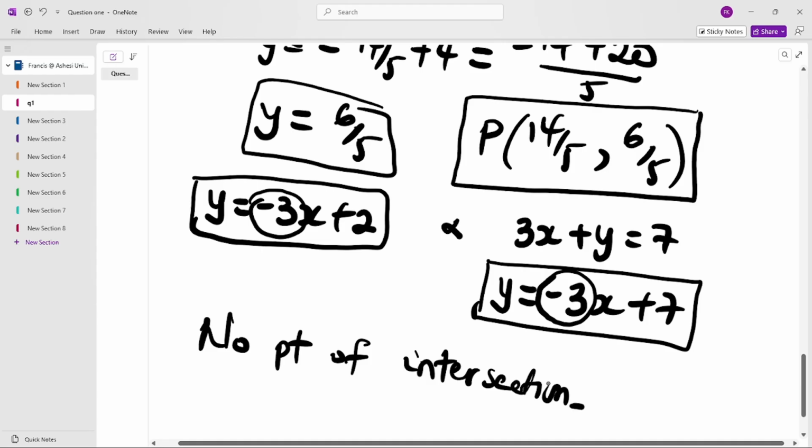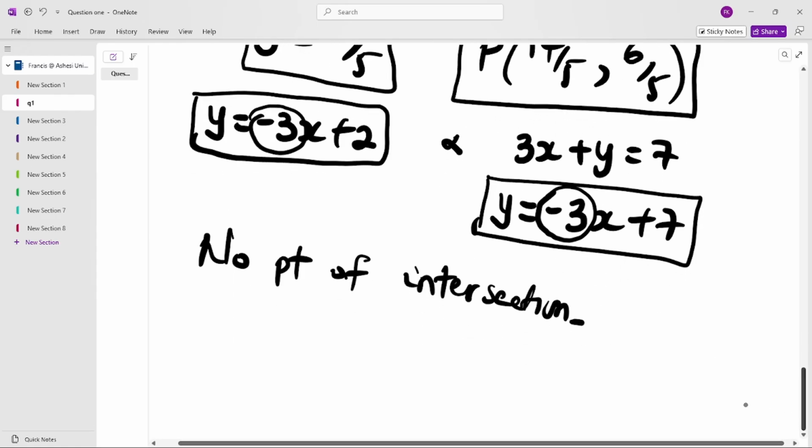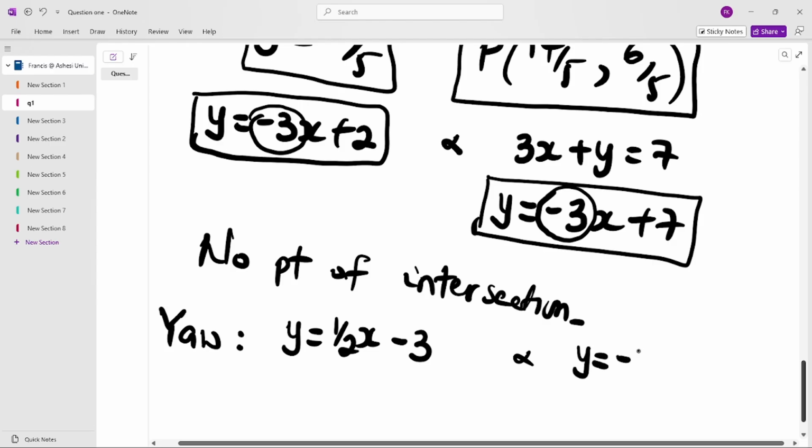Yes, sir. Okay, so if that is good, then let me give you some examples to try. I'll give this one to Yao. Yao, we have this pair of lines: y equals half x minus 3, and the other line is y equals negative 2x plus 5.